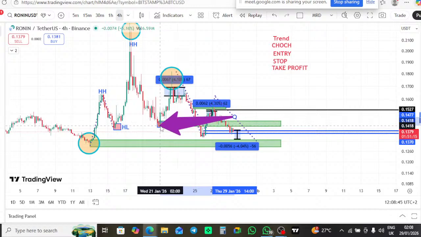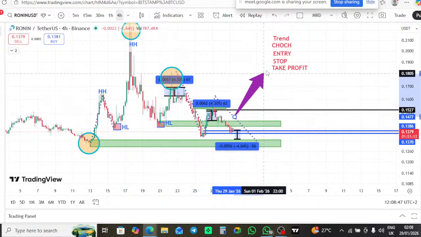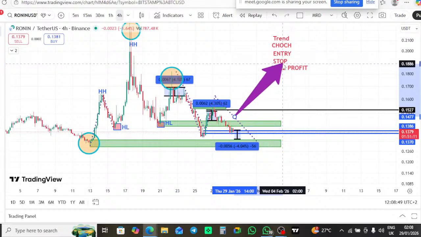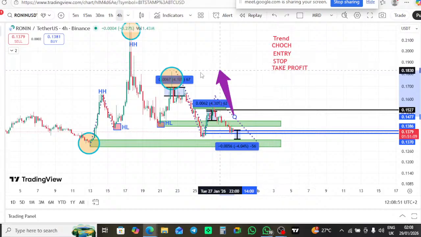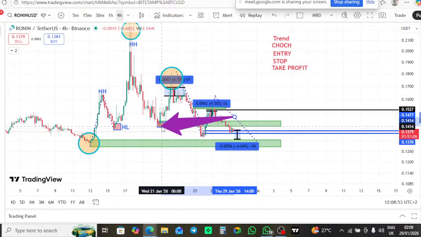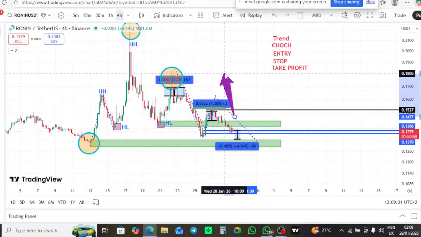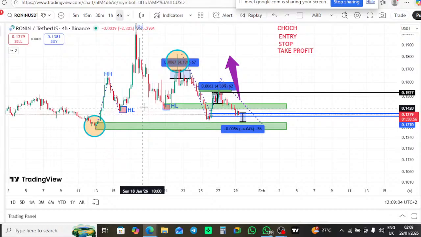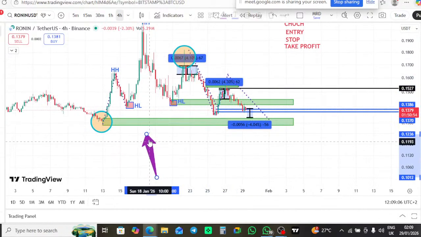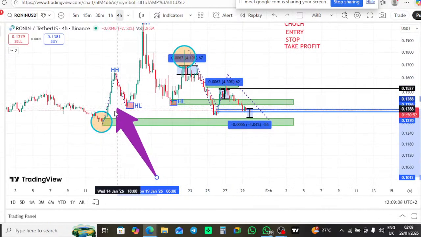We have agreed that we are going to enter from here. Where is your stop loss? The stop loss must be at the point where we don't expect the market to break. At these two points, where can you put your stop loss? We have this point and we have this point.